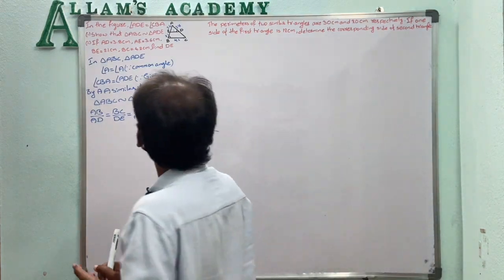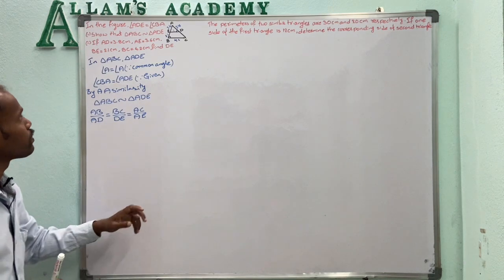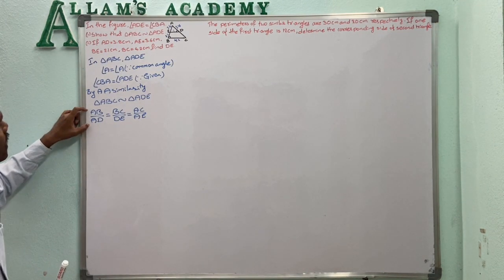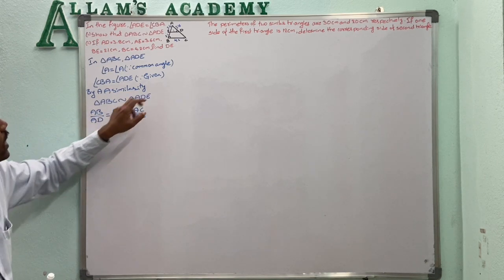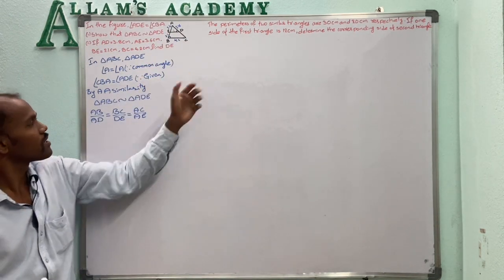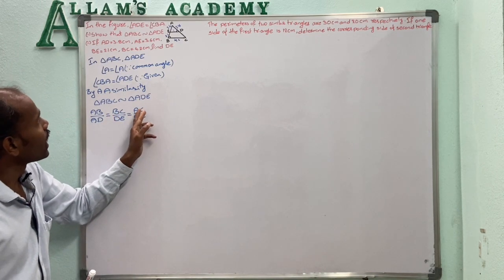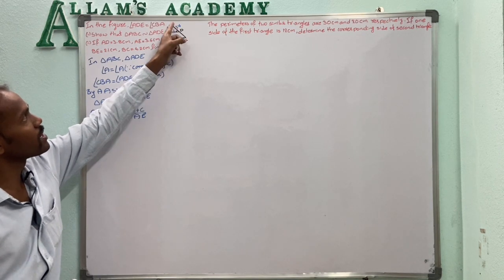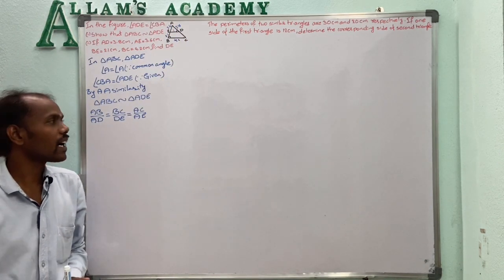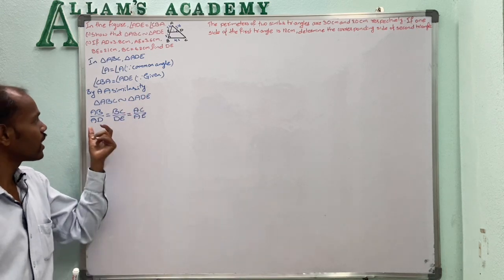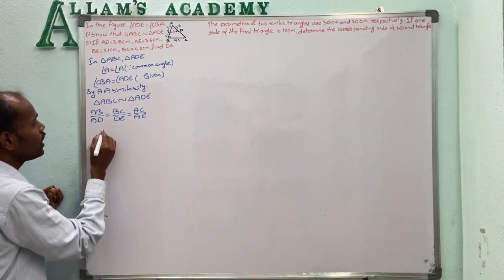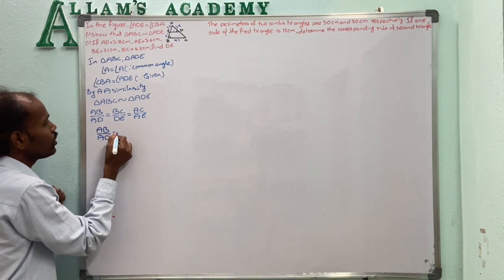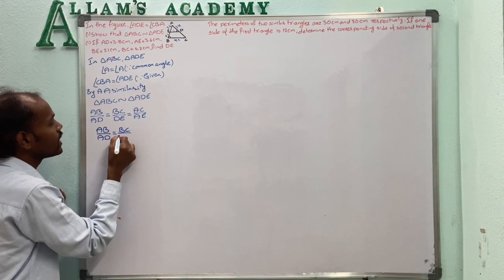So in the corresponding sides ratio, AB to AD is available, and BC to DE, where DE is what we find, and AC by AE. In AC by AE, the total AC length is not given. So we leave this ratio and take the remaining two ratios: AB by AD equals BC by DE.